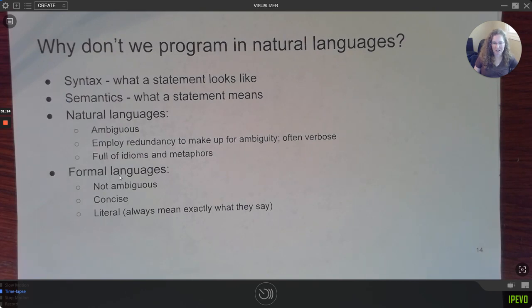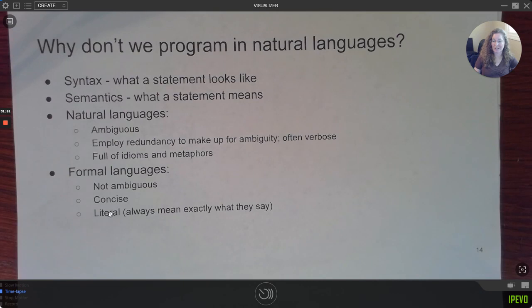Formal languages, on the other hand, never have any ambiguity. Whatever word you put in a program always means the same thing. It never means something different. Because there's no ambiguity, they are often very concise, so they're much shorter. What you might have to write in English could take 1/6 the amount in a programming language, because it's never ambiguous.